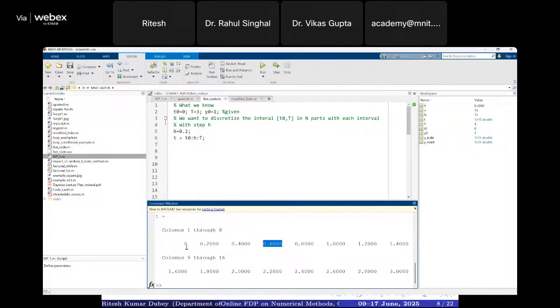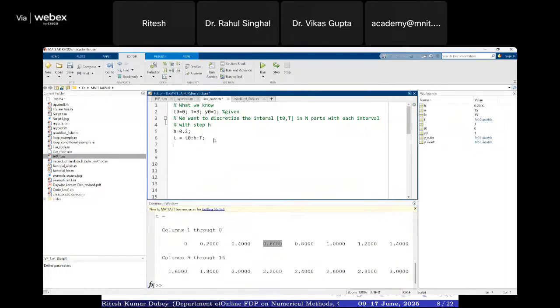Basically, I have to define my solution vector y to store the discrete values of the solution.